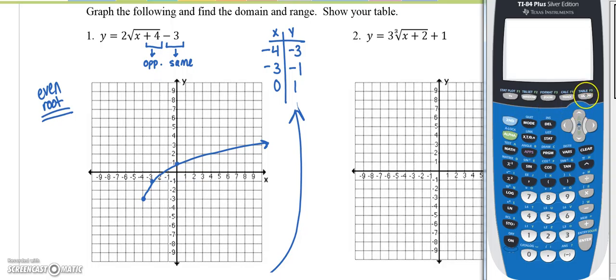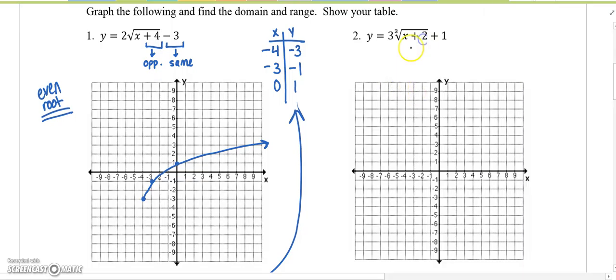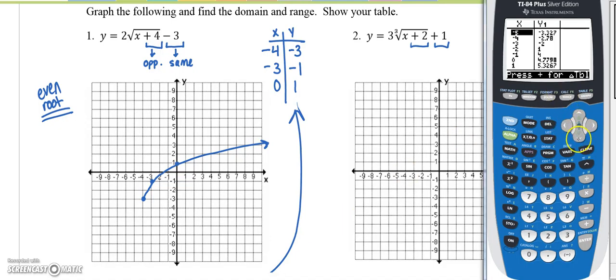Once again, I'm going to go straight to my table. The key point here is -2, 1. But that's our middle point for these, because there are points on both sides. Since it's a cube root, odd roots have points on both sides. So in my table, I'm going to go to -2, and I'm going to pick 2 points above and 2 points below.